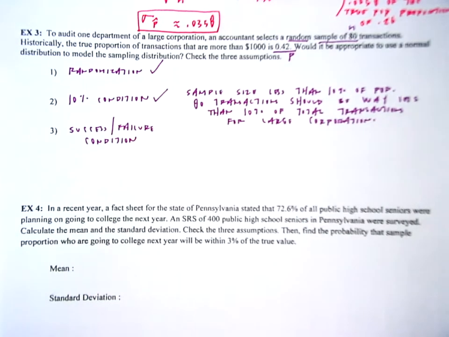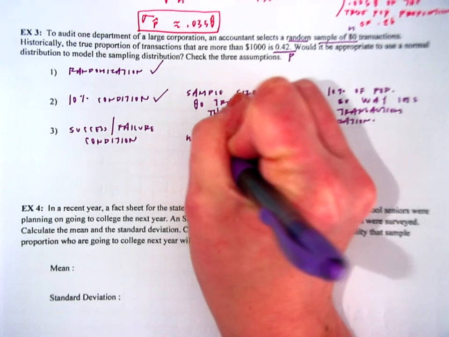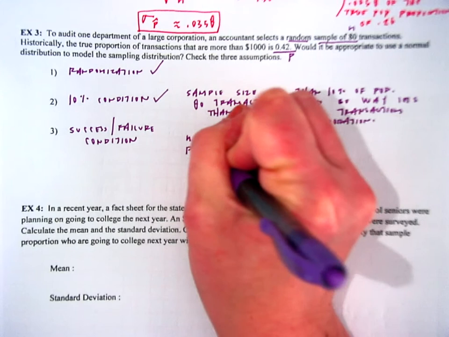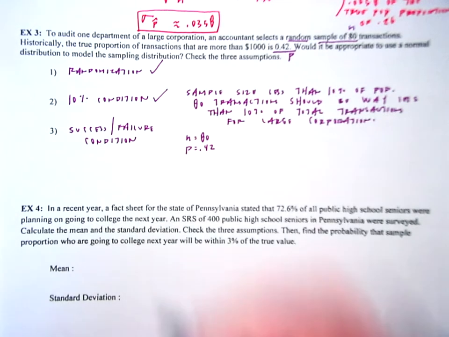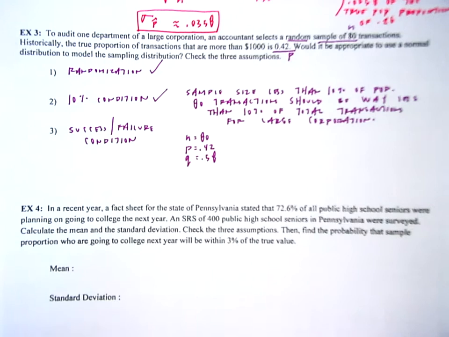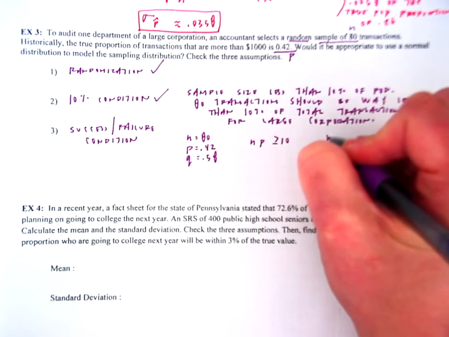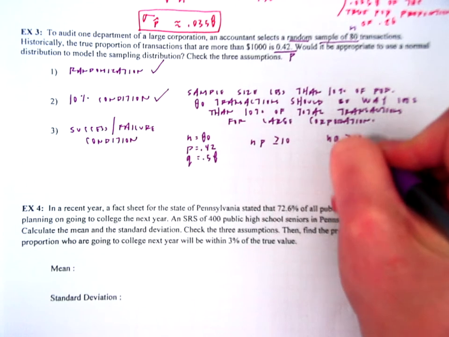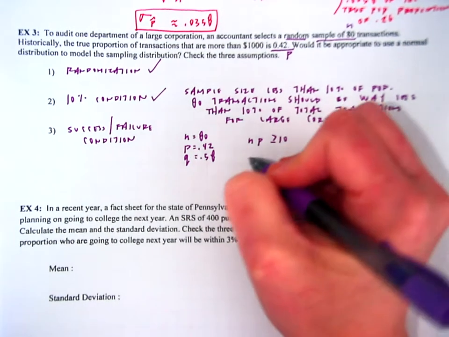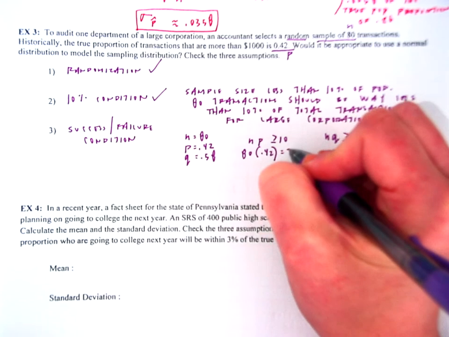So n times p, is that greater than or equal to 10? How about n times q? So if I plug in 80 times 0.42, I'm going to get 33.6. So, yep, in the clear. And then if I look at the failures, so 80 times 0.58, I get 46.4. So, yep, I am in the clear.